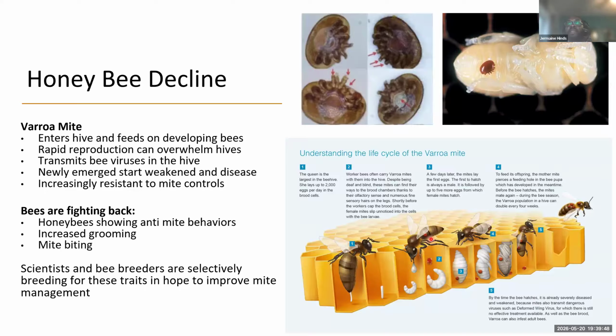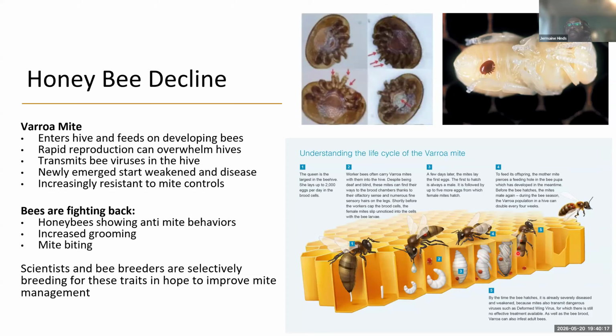An infected bee carrying a varroa mite, the mite will sense that bee larva and drop off into the cell and attach to the bee. While the bee is developing, it uses its piercing, sucking mouthparts to drain the bee of its hemolymph, or its blood. While it's doing that, it starts reproduction. The mite will reproduce in there with the bee larva and drain the bee of its nutrients.